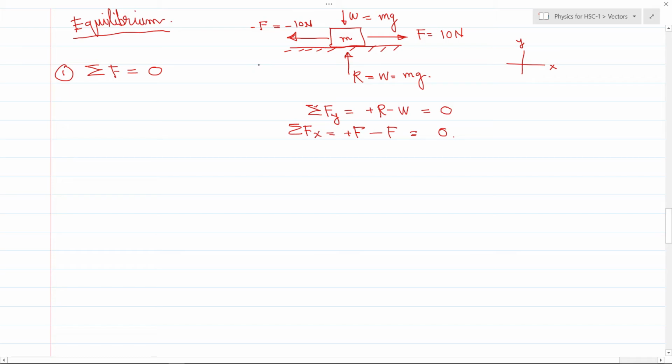But now the question is, is it the sufficient condition for equilibrium or do we need something more? Let's take another case.